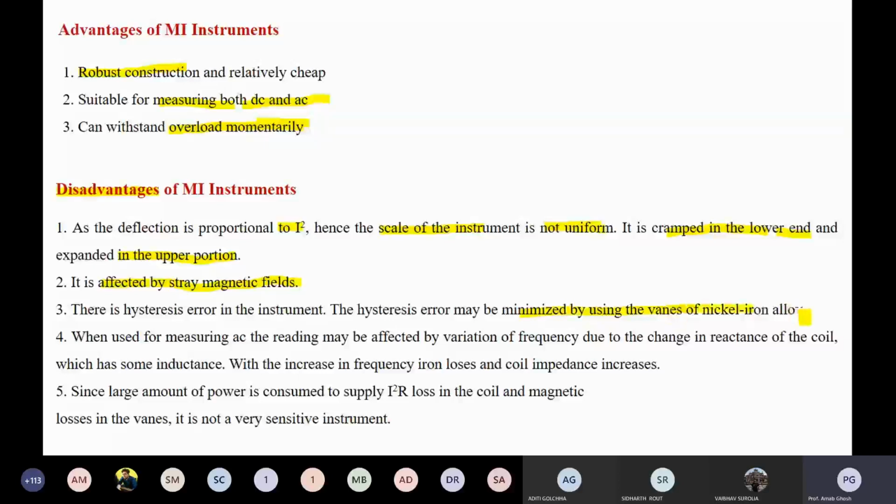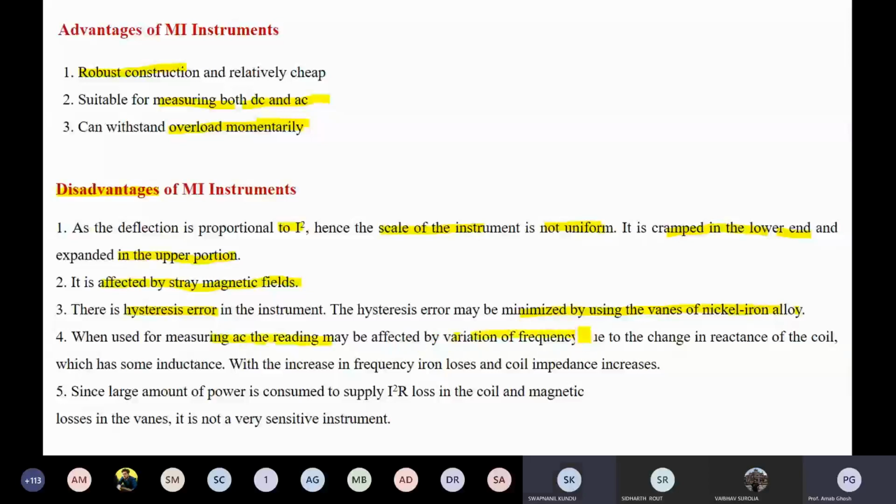The vanes are the moving iron portions responsible for rotation, and a nickel iron alloy may reduce the hysteresis error, because ferromagnetic elements definitely have hysteresis error, which you have to minimize. When measuring AC, the reading may be affected by variations of the frequency.